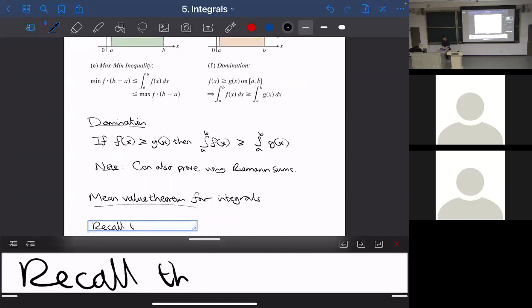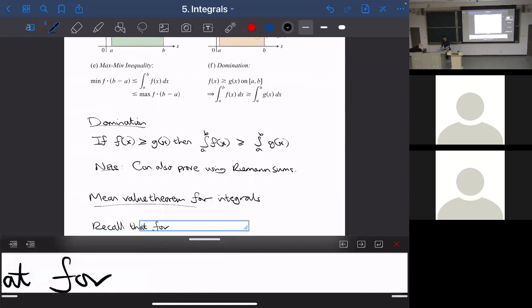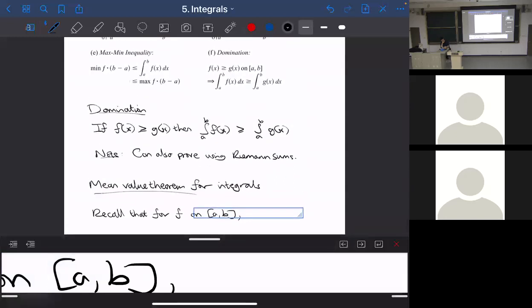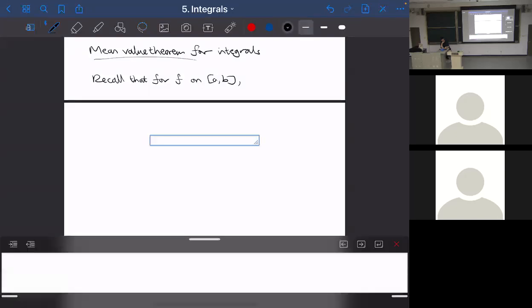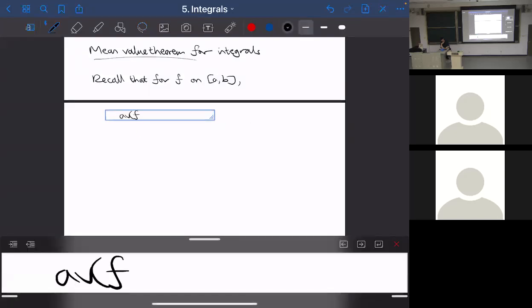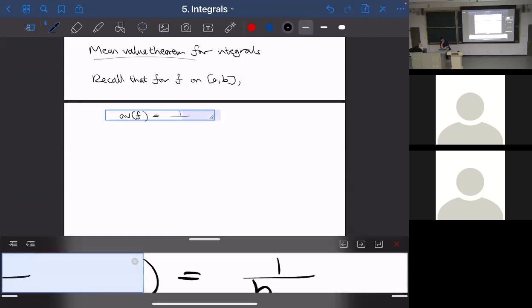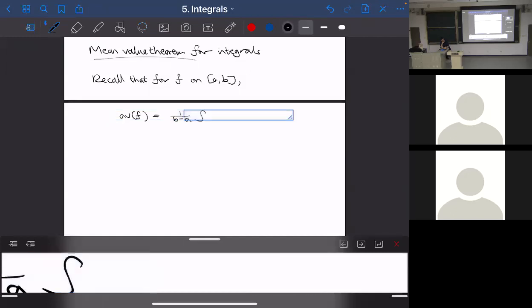So recall that for f on [a,b], new page, the average of f is the integral divided by the length of the interval.